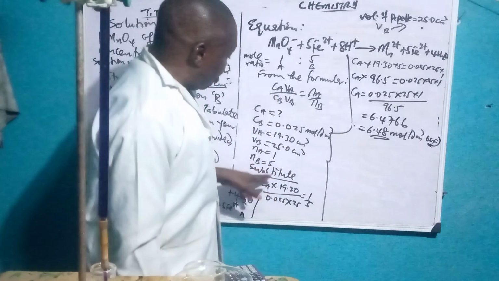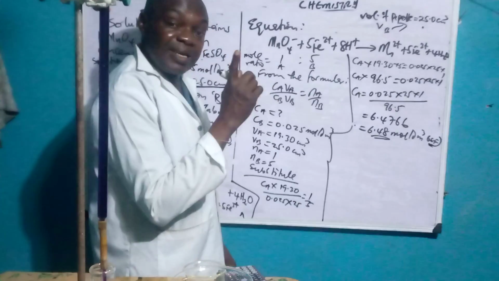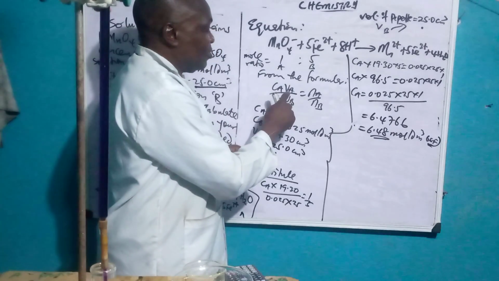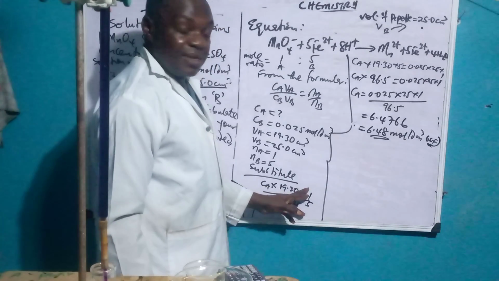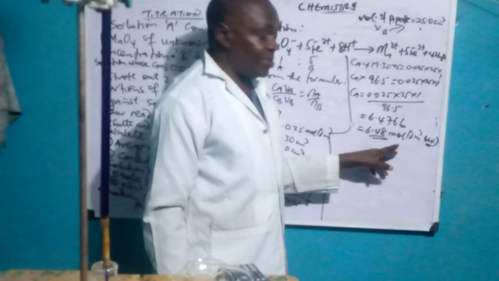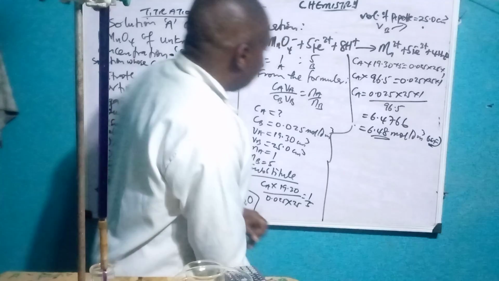After putting the formula, you put the correct substitution, 1 mark. That's the ability to replace everything you have written here. Then mole ratio, 1 mark, that's 2. Formula, 1 mark, 3. Evaluation to 3 significant figures, 4 marks. So that is how that one goes.